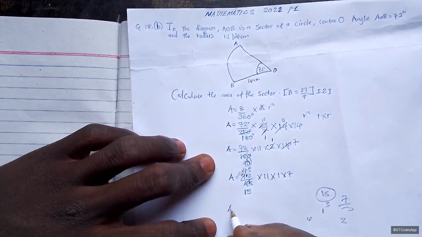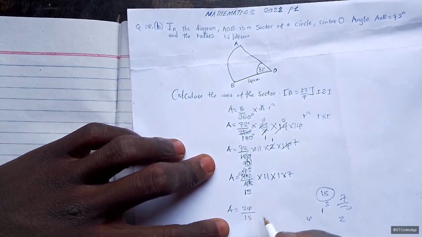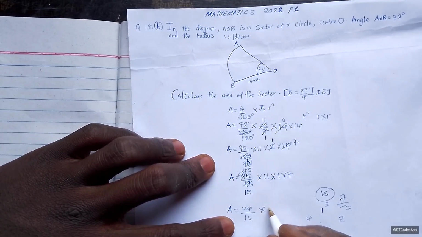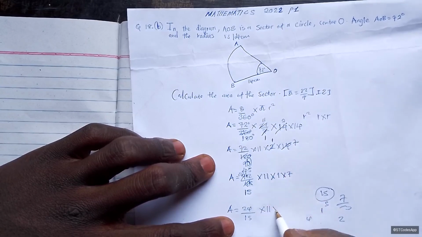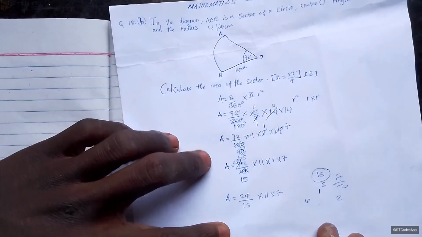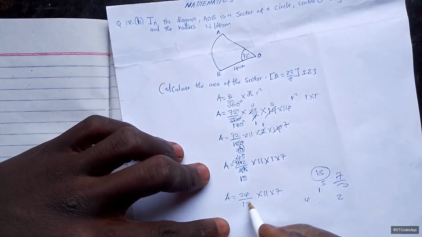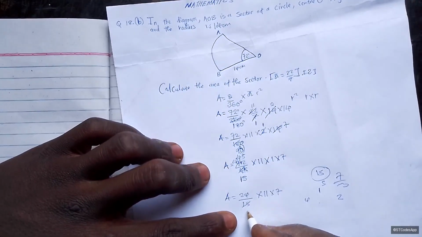So my area of the sector is equal to 24 over 15 multiplied by 11, and 1 multiplied by 7 is 7, so multiplied by 7. Then from there, 3 into 15, I'm going to get 5.